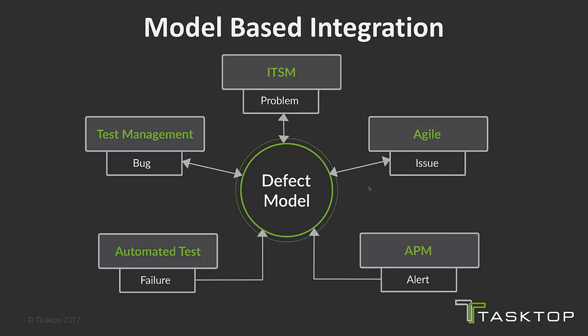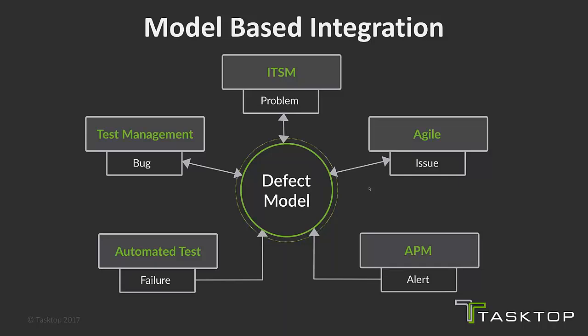So what you see here on this slide is, and all of y'all are in this industry and you know this to be the case, your ITSM tool, your Agile tool, your APM tool, automated test tool, your test management tools, all these different tools have a slightly different flavor, a different take on what would at some level be called a defect. Sometimes they're called issues, sometimes they're actually problems, sometimes it's something a little bit different, an alert, but that might actually cause you to decide to create a defect.